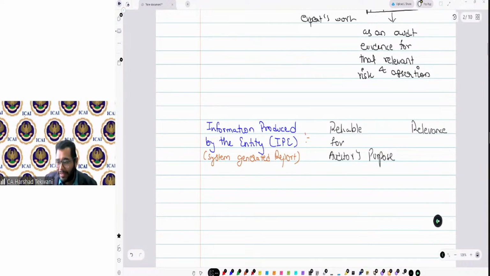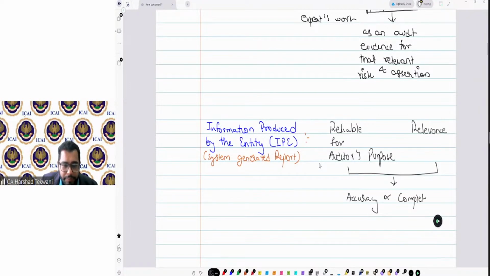Reliable and relevant. Plus, after checking this, I need to see the accuracy and completeness of the information. Tie it to the trial balance, that's the completeness and accuracy I'm talking about. And whether it is sufficiently precise and detailed for my purpose, that is the relevance of the information I'm talking about.